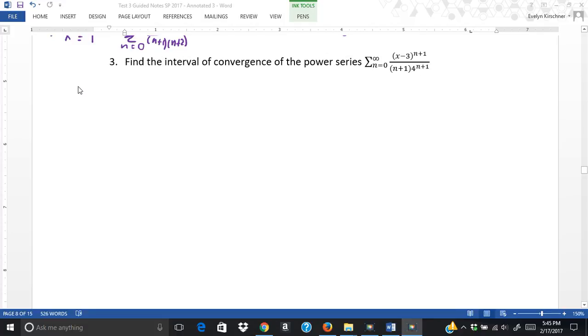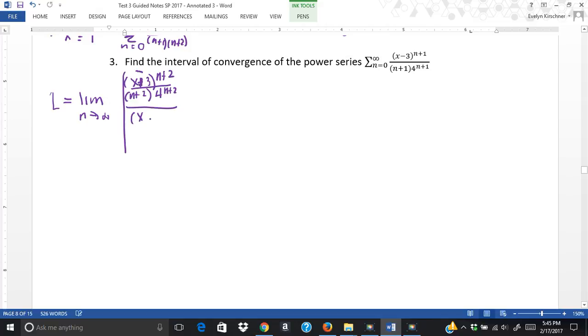The first thing I want to do is look at my ratio. So the limit as n goes to infinity of my n plus first term to my nth term. Oh, sorry, that's a minus 3.